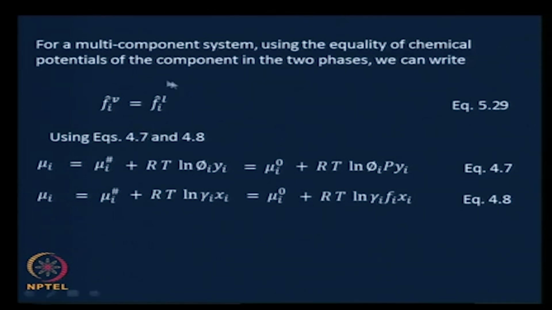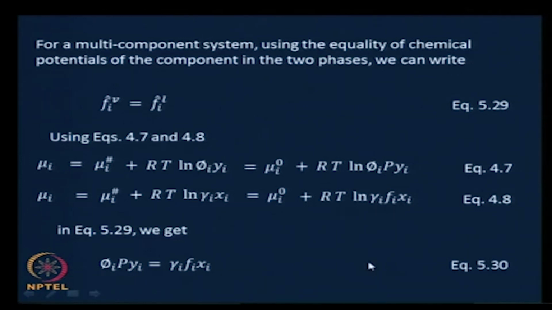We said that this is the condition, and if we just go ahead and equate these two, mu I naught will cancel out, RT will cancel out, therefore phi I p yi equals gamma I fi xi.